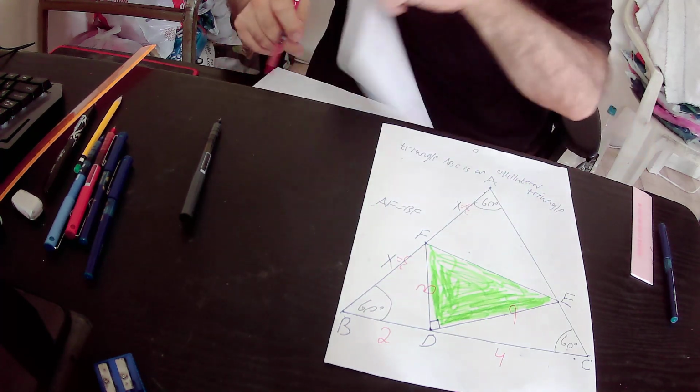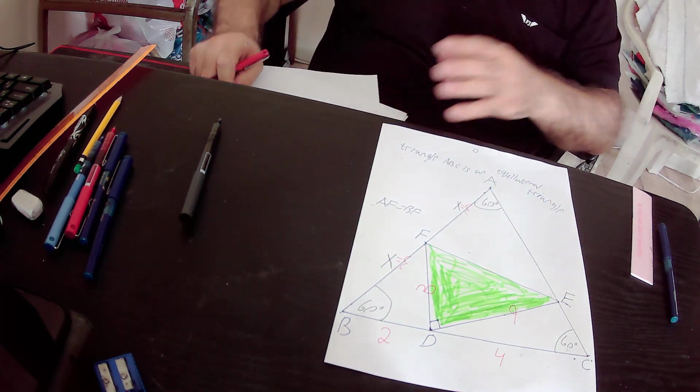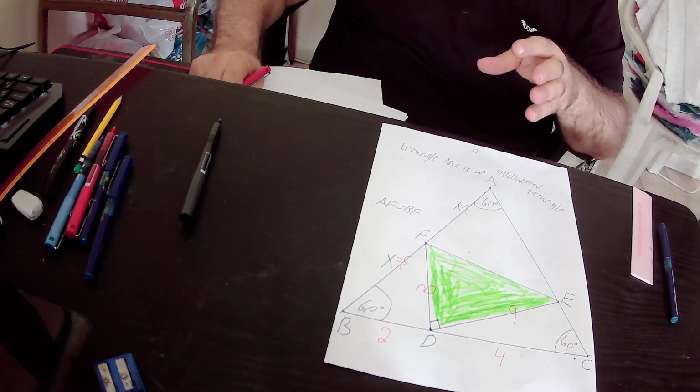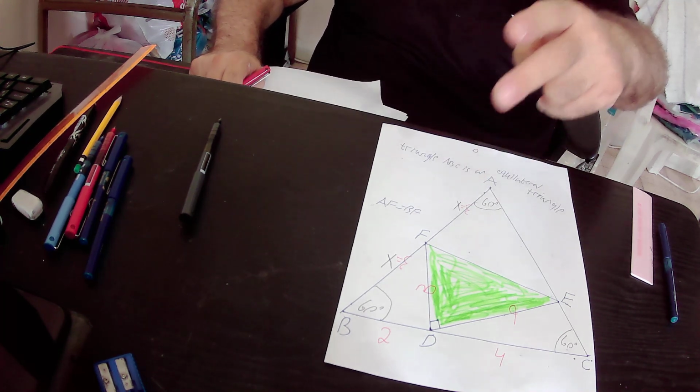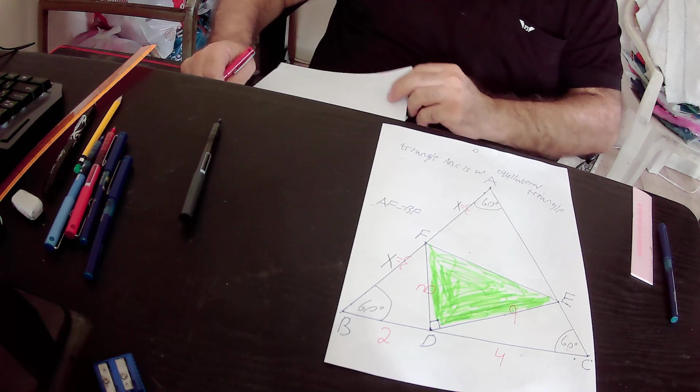That is actually the implementation of the law of cosines in triangle FBD.